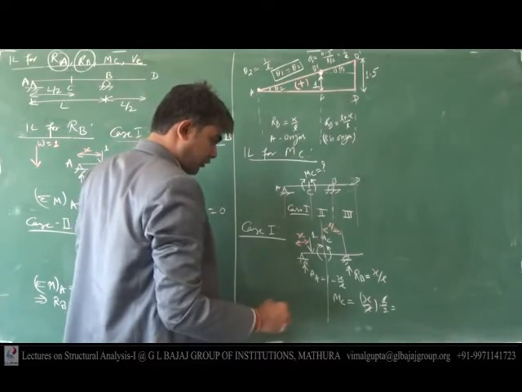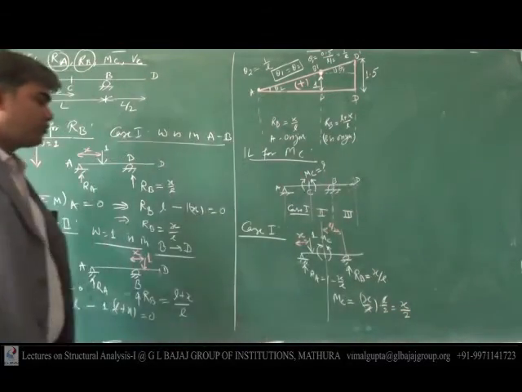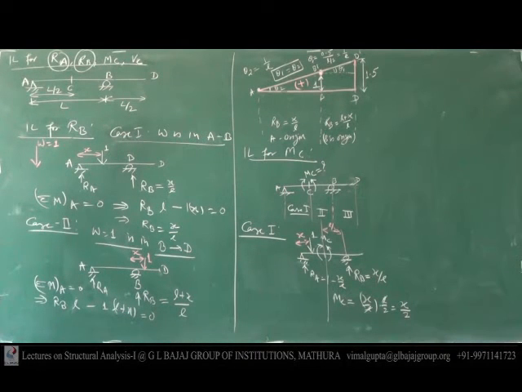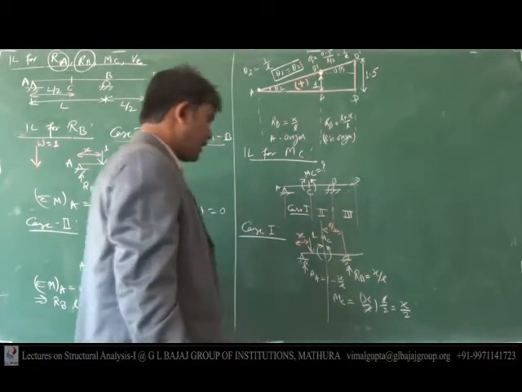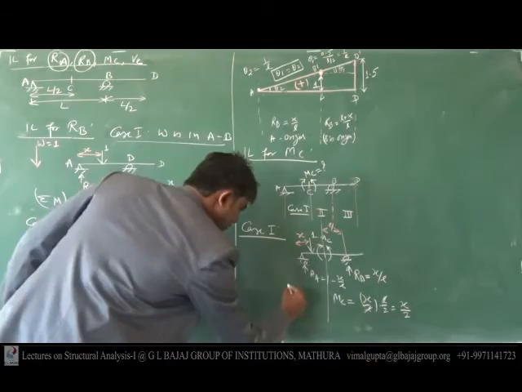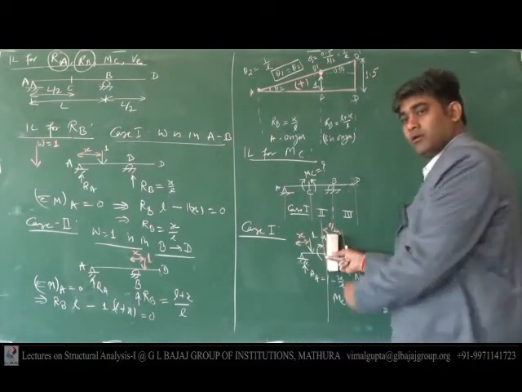Okay. So we are getting X by 2. Is it not? And from that side, this one side, what will we get?